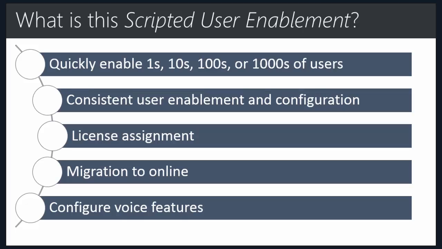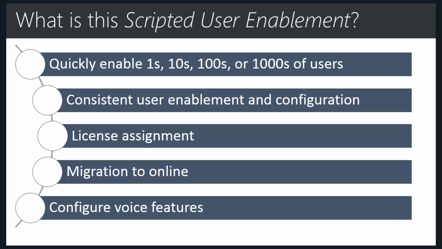And if you were to try and do that on a per user basis, you'd end up spending a lot of time doing that for each user between searching for the user and accomplishing those tasks. The scripted user enablement allows you to specify those users within a CSV file and the options that you want, and then let it run, ignore it for a while, and then come back and see the results.